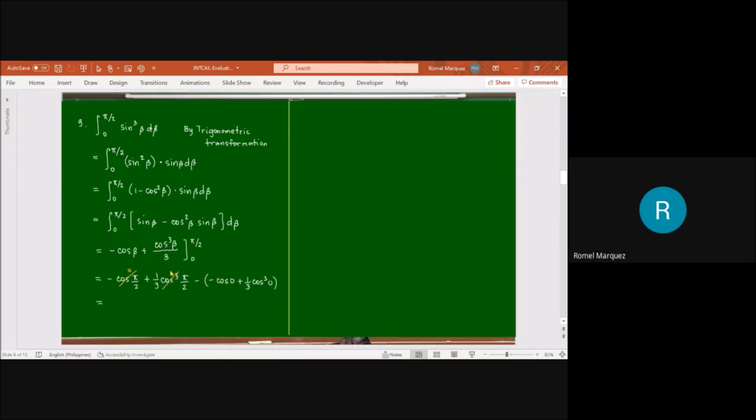This is 1, so negative 1. Cosine 0 is 1 raised to 3, 1 pa rin. So plus times 1/3, we have 1/3. Negative 1 plus 1/3 is negative 2/3. Negative, therefore, it is now positive 2/3.